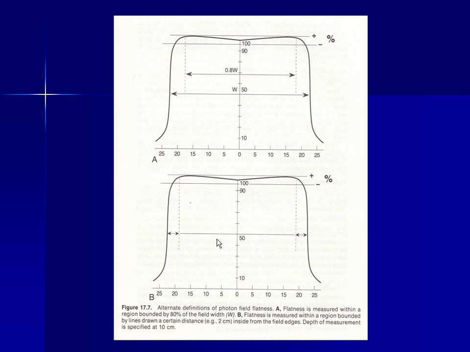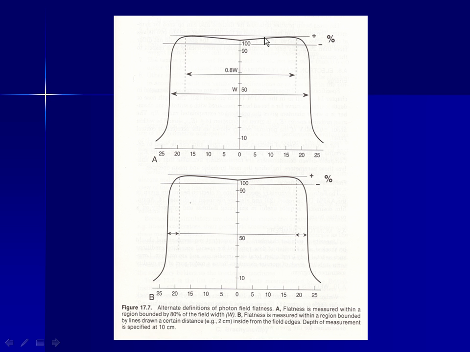Again, I think this is from Khan. Looking at a beam profile across the field, we call the center of the beam 100% in the middle, but because of the nature of the flattening filter, the beam is not totally 100% across the length of the field.